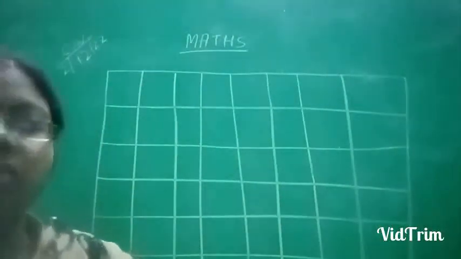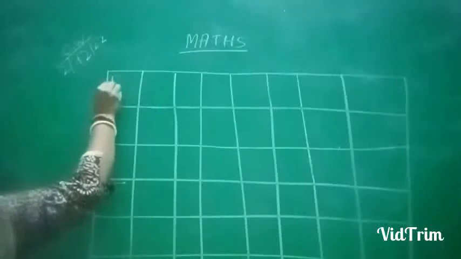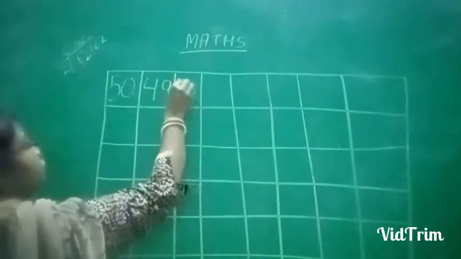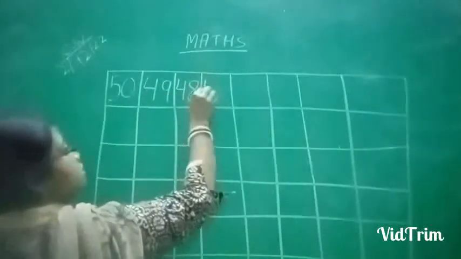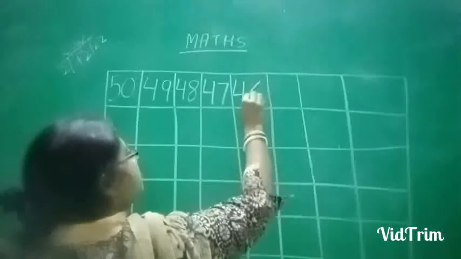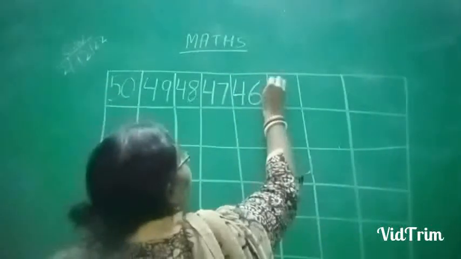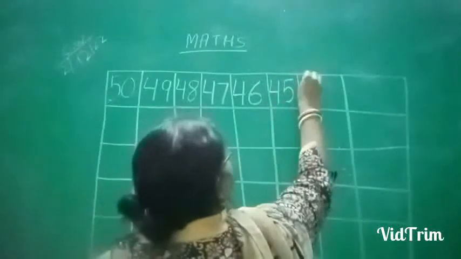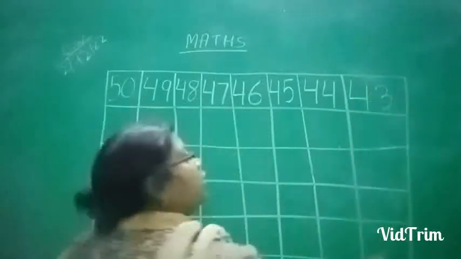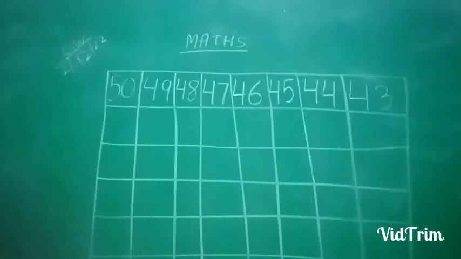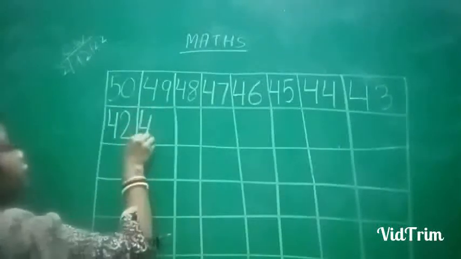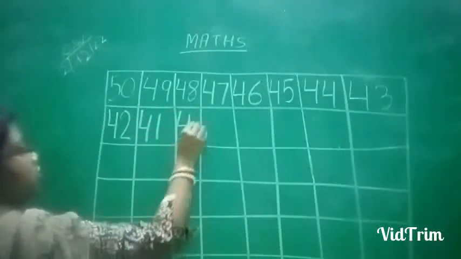Now I am going to write. See here, 50, 49, 48, 47, 46, then 45, 44, and 43. After 43, 42, 41, 40.